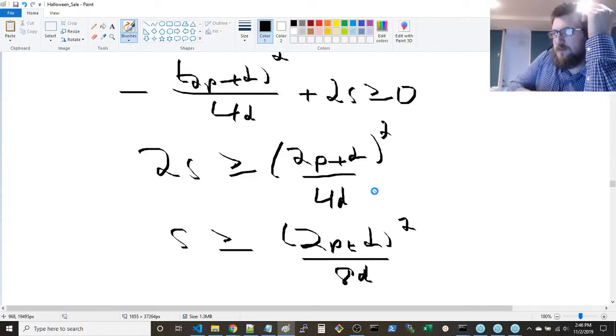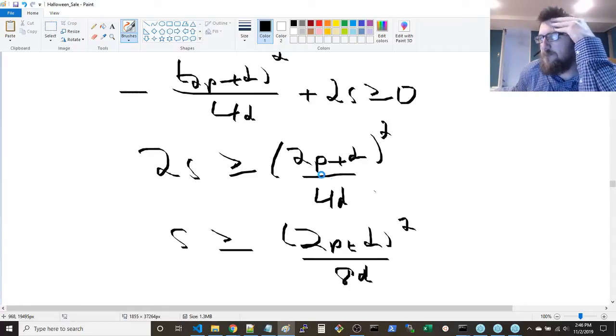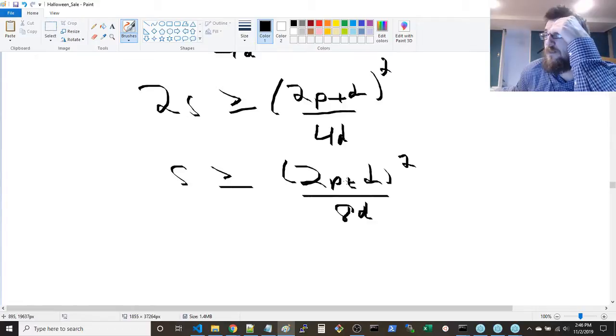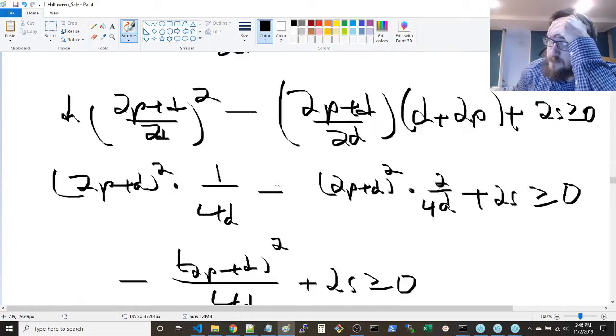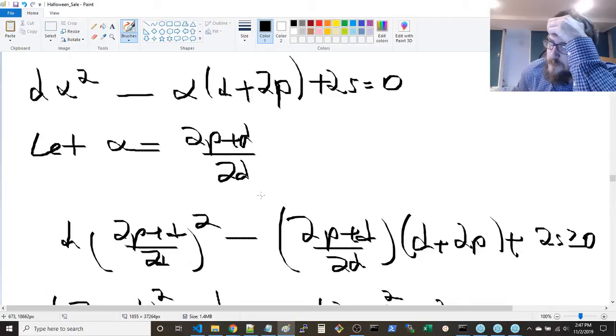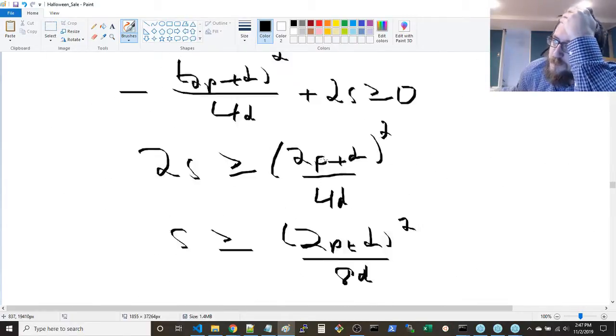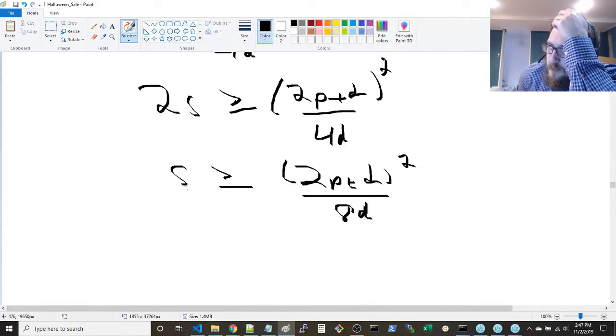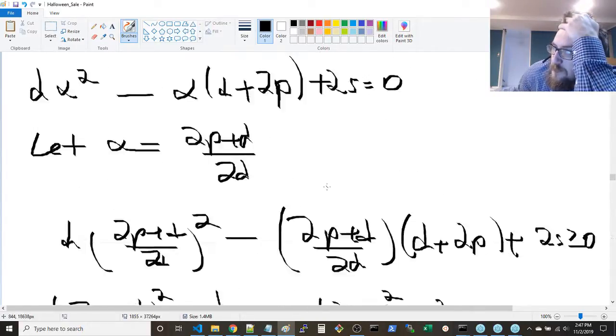Which doesn't really tell you too much about anything really, S and P and D. It says we'll have non-zero solutions in the case that, I guess, S is very large. It'll never actually hit 0, this function.